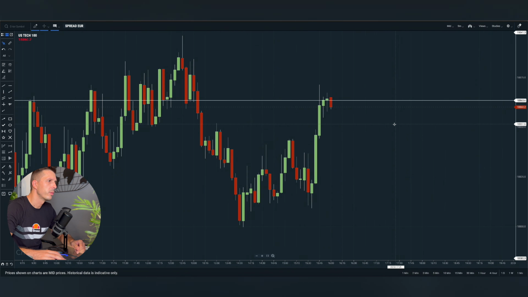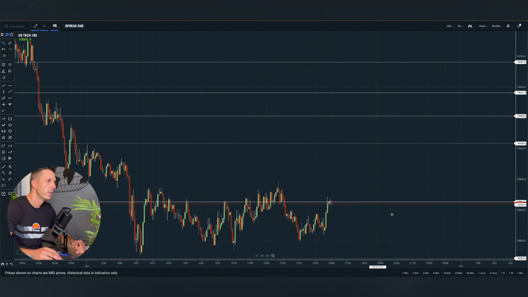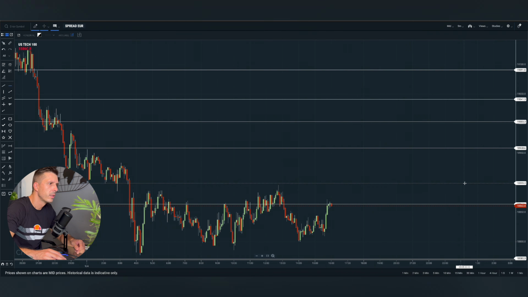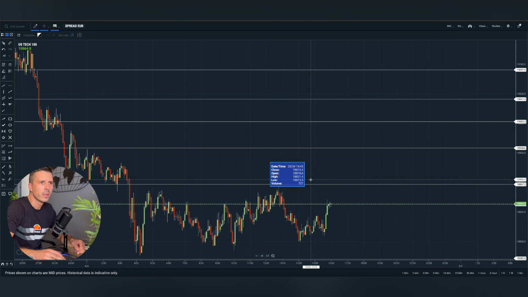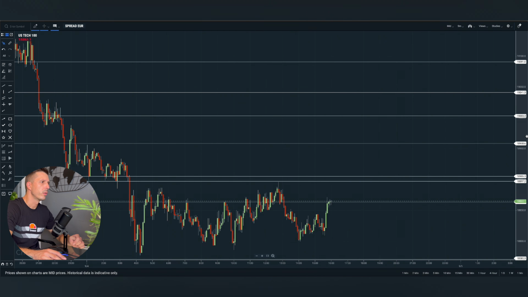Right, so now we are going to go to the 5-minute chart, and we're gonna see what other key levels we have right here. So as you can see, we have a resistance area at 18,000 right here, 18,895 with 905 is going to be our key area.